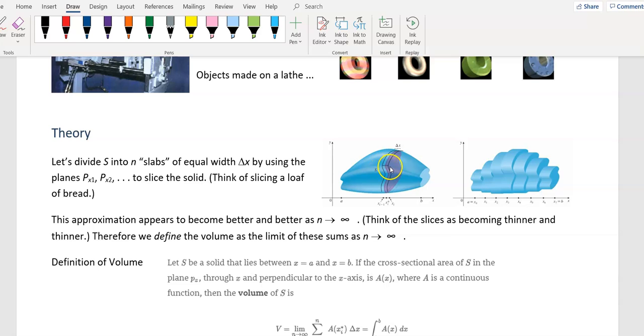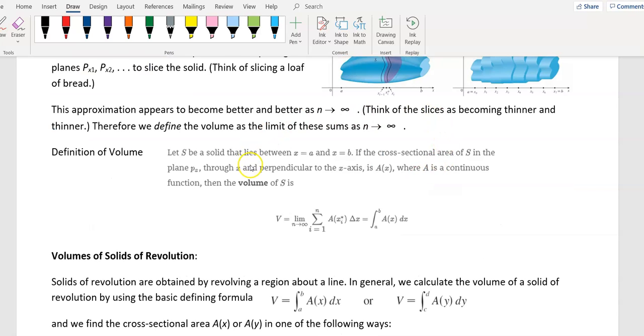The thinner the slice, the more slices I would need to get the shape, and adding all of those up would give me a better approximation of the volume. What I've just described is the idea of a limit. And instead of taking limits all the time, we're going to do it faster by using the idea of integration. And that's where the definition of volume goes.